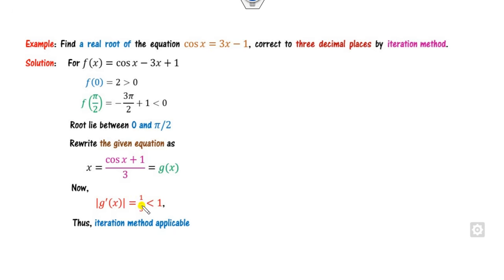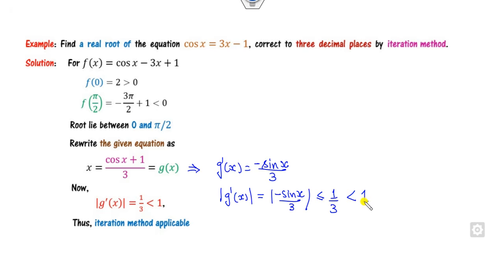It is 1 by 3, because you can see what is g dash of x? It is minus sin x over 3, and if you take the modulus of this, what is that? It is sin x over 3, and sin is always less than or equal to 1, so this is at most 1 by 3, which is strictly less than 1. So therefore the iteration method is applicable.